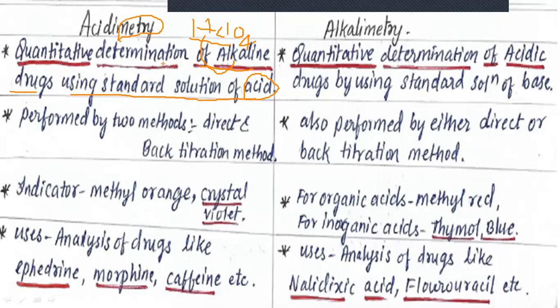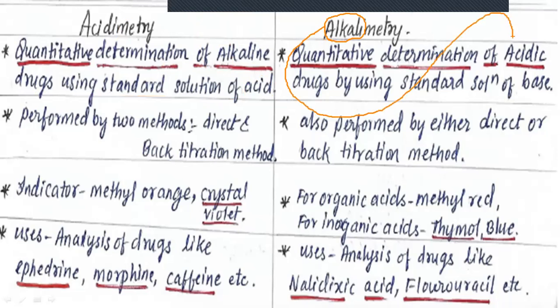Okay, so many students are getting confused with this point. Alkalimetry is also the same. Here we are measuring alkali which is there in the burette, and this alkali is useful for estimating the acid substance which is there in the conical flask, right?